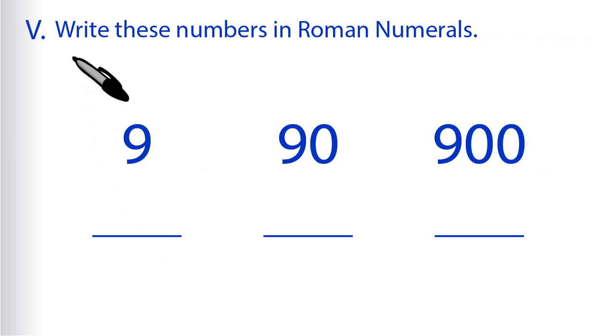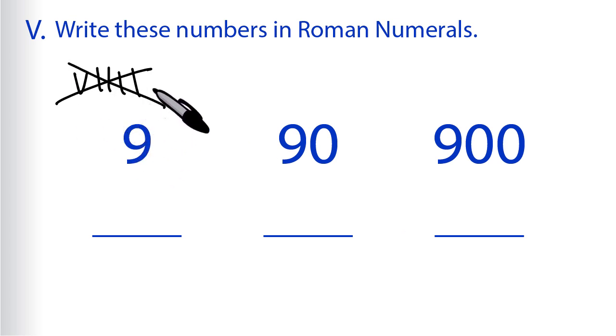For problem V, we're supposed to write these numbers in Roman numerals, and we have 9, 90, and 900. And it's tempting to think that you could write 9 as 5 plus 4 ones, or VIIII. And sometimes in ancient Rome, they did do that. But with modern Roman numerals, the rules that we follow for Roman numerals now, we are not supposed to repeat a symbol more than 3 times.